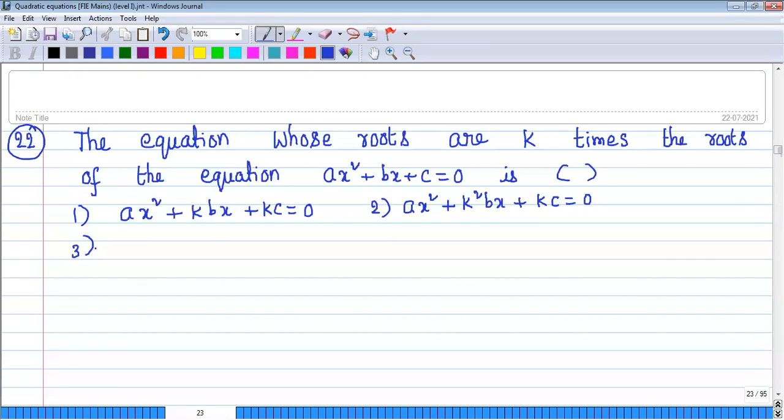Third option, ax square plus kbx plus k square c equal to 0. Fourth option, ax square plus k square bx minus kc equals to 0.